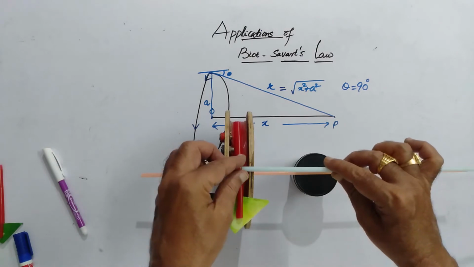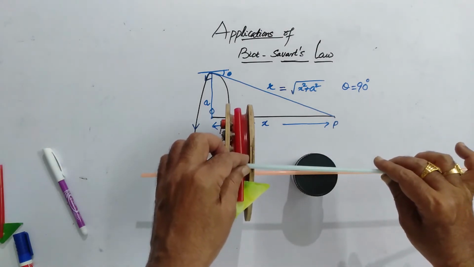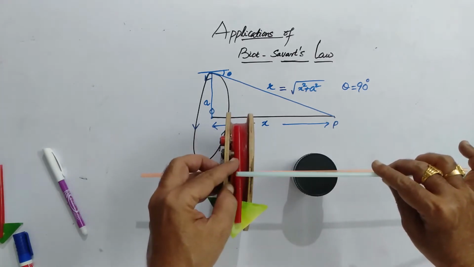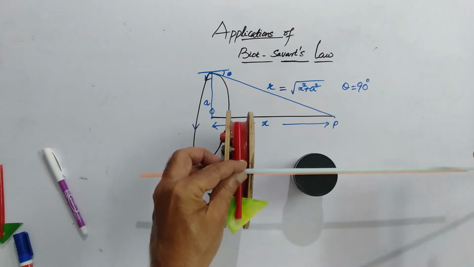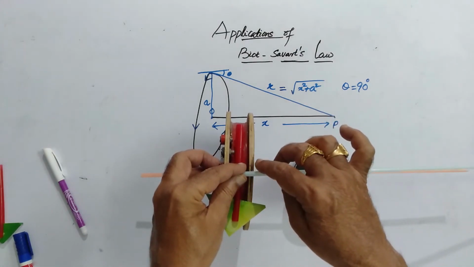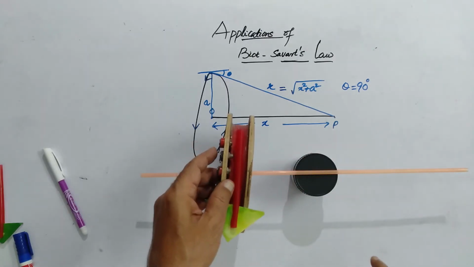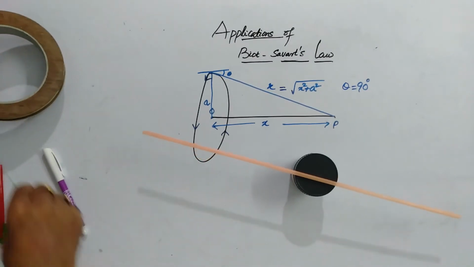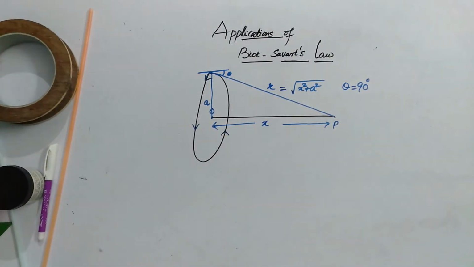So this is the point of interest, and we are interested in this angle. So that angle is 90. That is the first one. Now let me take out this model. So this theta is 90.